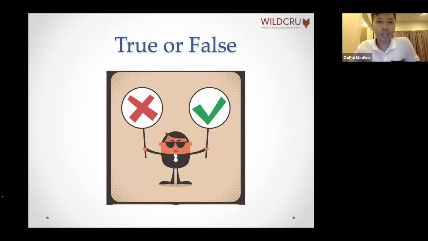And to begin the session, let's look at the rules of this session. There are questions of true or false. When you see this symbol, I would like you to pull in. You'll see a poll that appears on your screen, and you just have to click true or false.